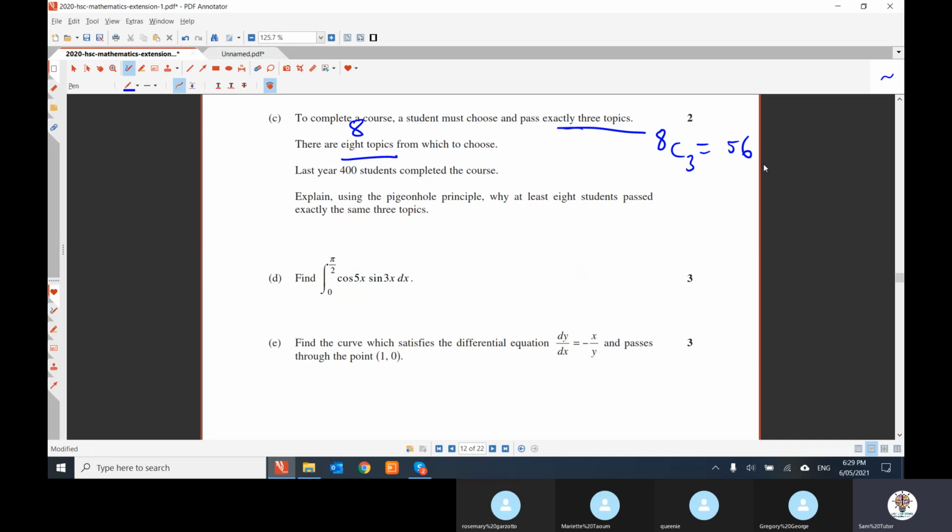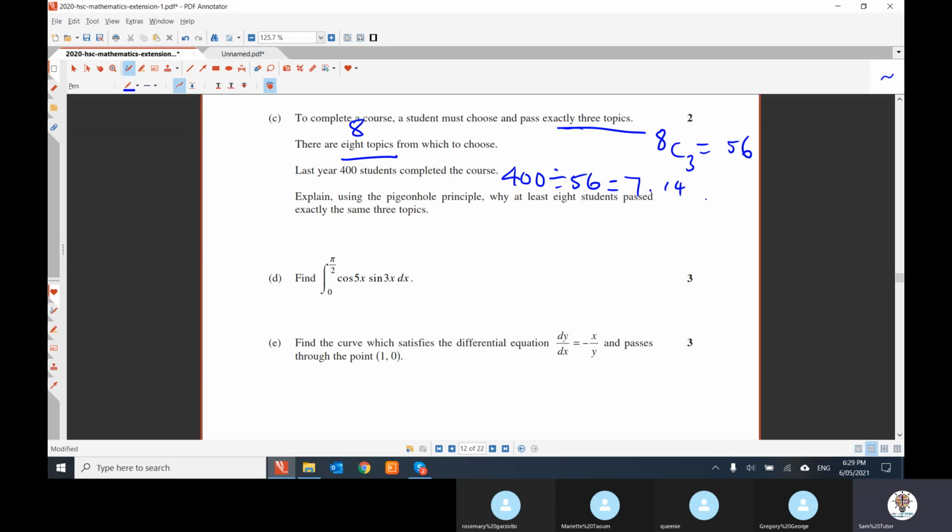So that means 400 divided by 56 gives me about 7.14. So you can see, and now you just got to write it in words. You can tell that there's going to be at least 8, but here it is in words.